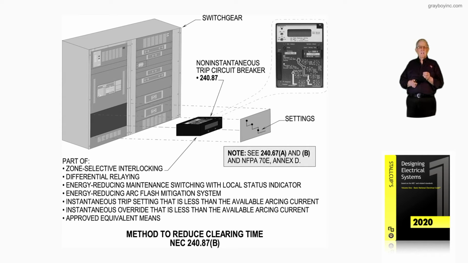The instantaneous trip setting is less than the available arcing current. Instantaneous override that is not less than the available arcing current. And then the approved equivalent means could be used to provide the same things, such as maybe current limiting fuses and other things, RK1 fuses and things of that item that it's talking about.